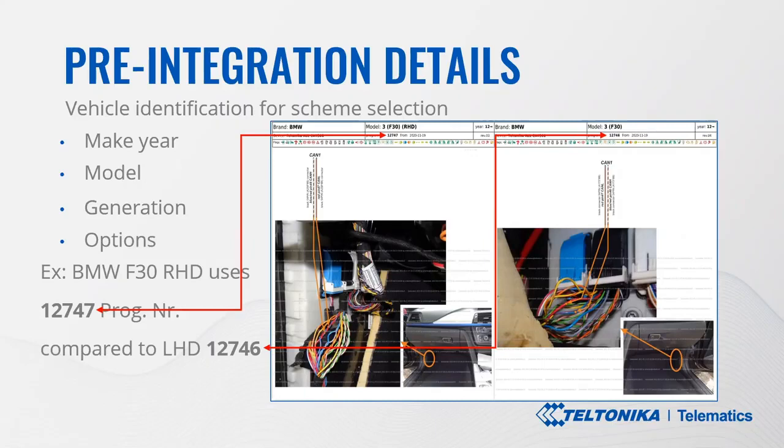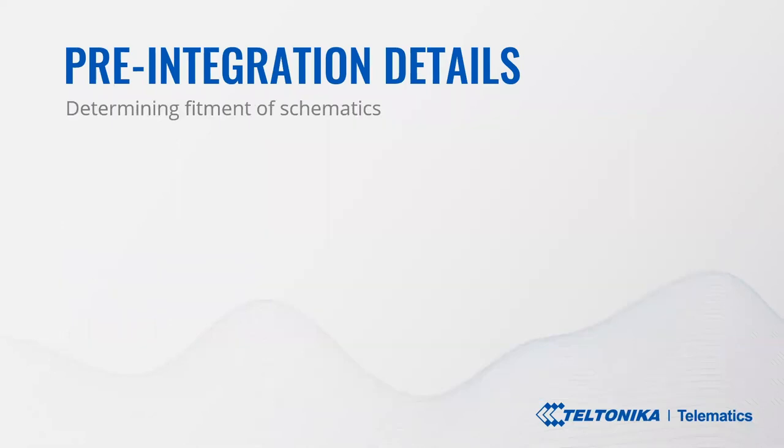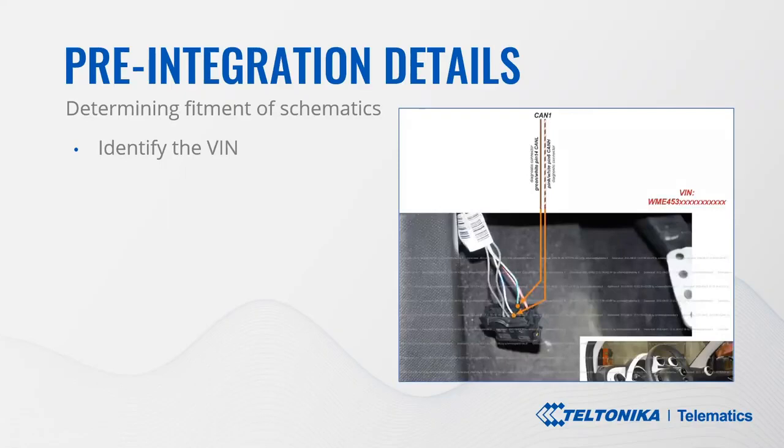An alternative way to determine fitting schematics is to follow the VIN code. At this part, we can briefly describe how to determine the model and make year precisely. As a starter, if you know the vehicle VIN number, you can look in our schematics, and some of the schematics will contain information which distinctly matches the specific vehicle model.